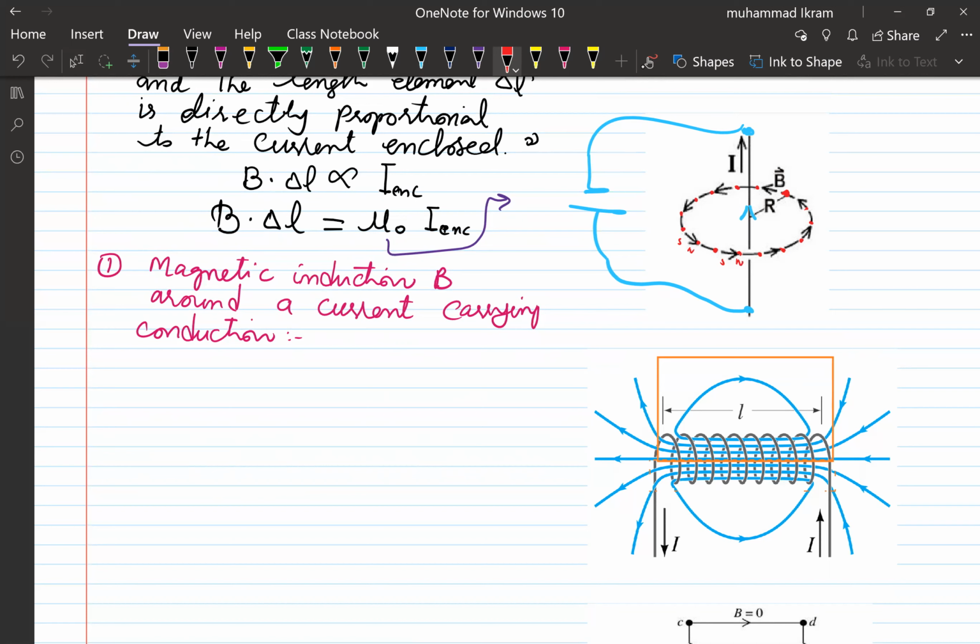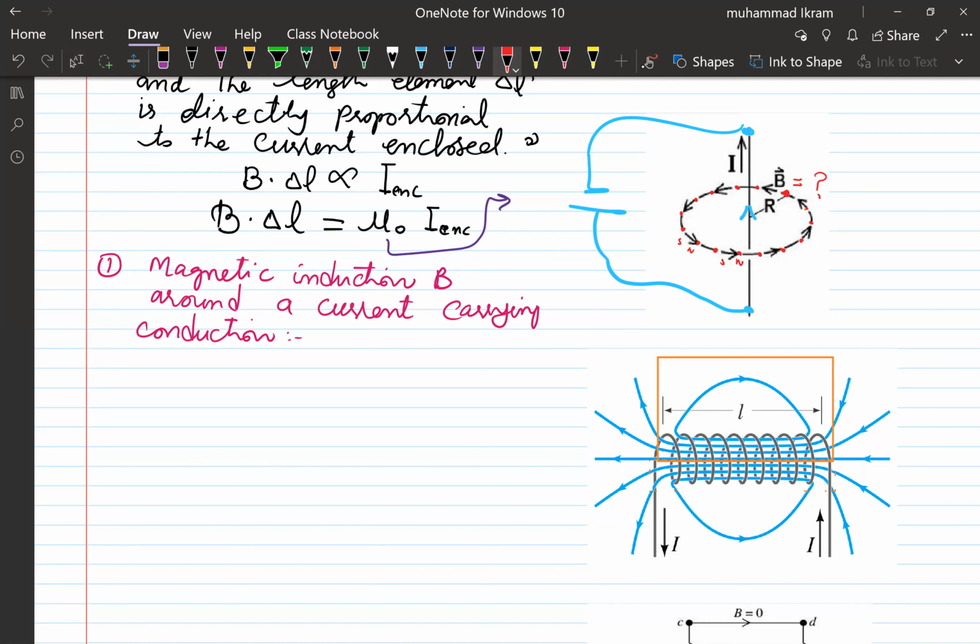What you see here is that I started from this point X and I arrive back at the point X. This is the Amperian loop which I constructed. Now I want to calculate the magnetic field strength due to this current carrying conductor at the point B, by using the Ampere law.